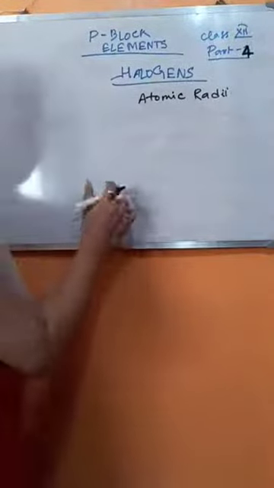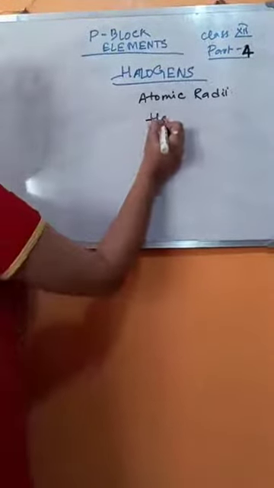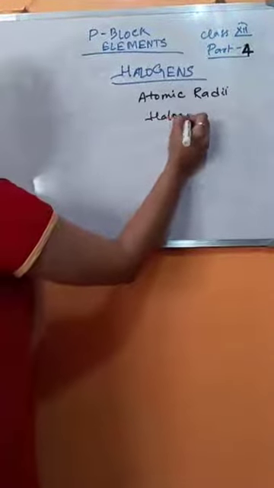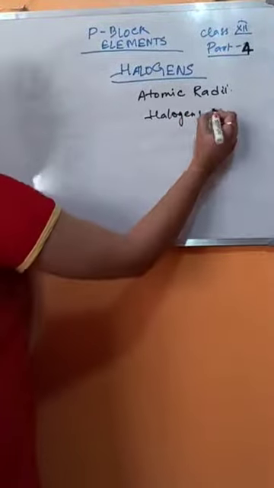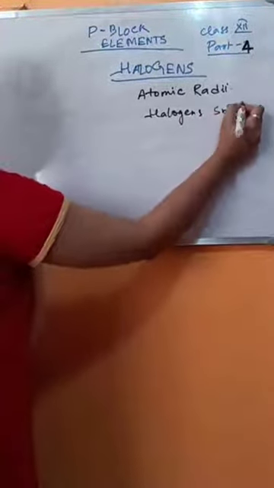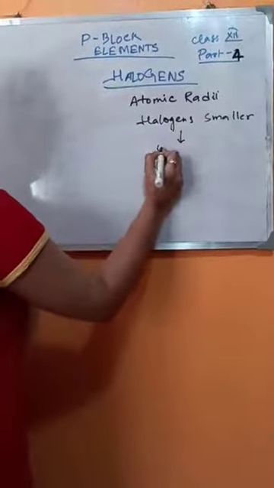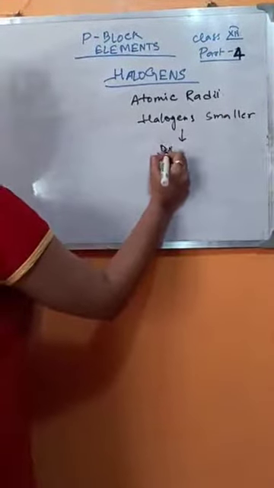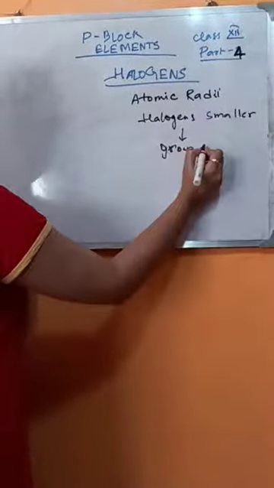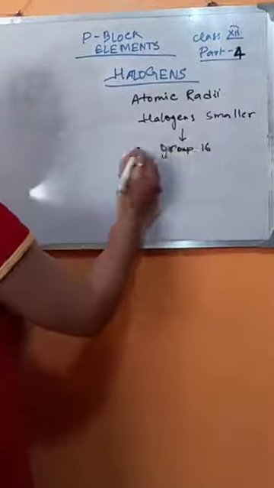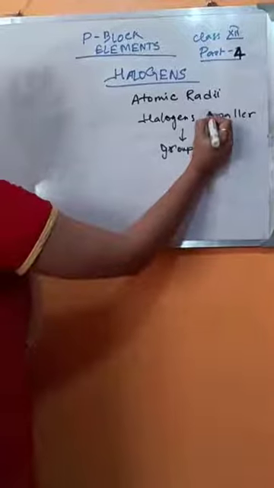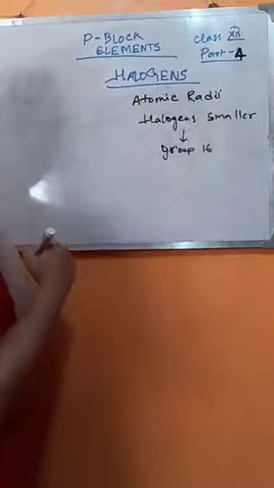Remember one thing, that halogens have a smaller atomic radii than the corresponding group 16 elements of that period. Okay.